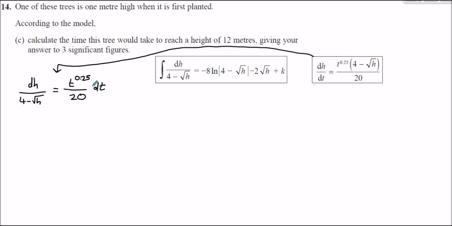I now integrate both sides. And so I integrate this side, and it will be equal to this, plus or minus some constant of integration. So that is our first step. Without knowing to do that, we'd be stuck before we can even begin. However, we can now use what we did from part A to help us. So on the left-hand side of this, I have this expression here, but part A told us it becomes this.